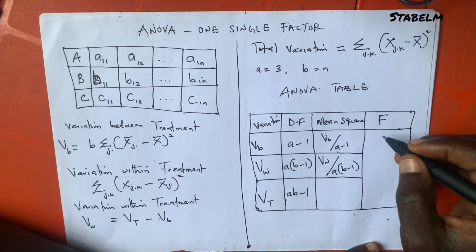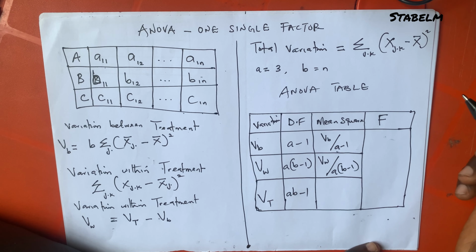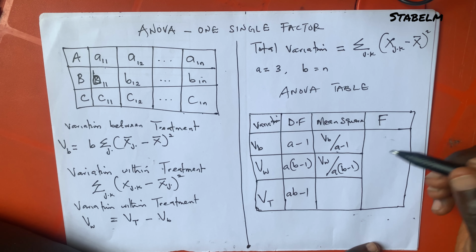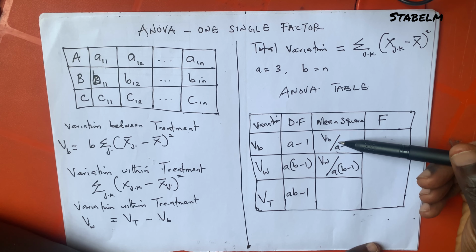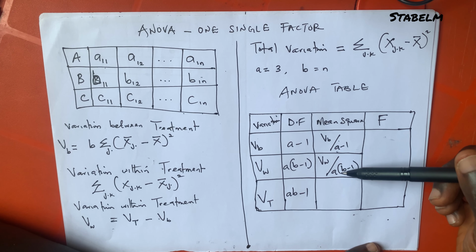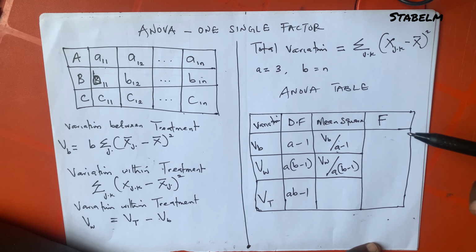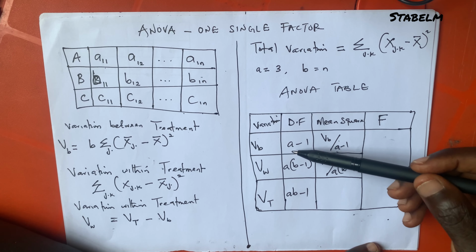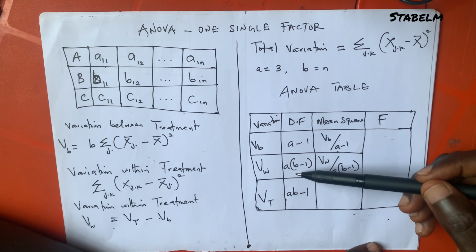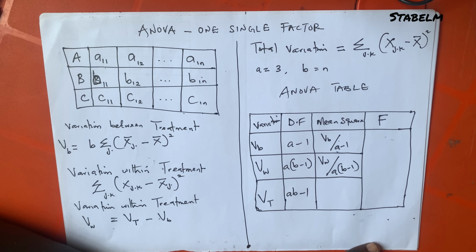Now, how do we get the F value? We said the mean square for variation between treatment, divided by, that is this box divided by this box, is going to give us F with degree of freedom A minus 1 comma A into B minus 1.